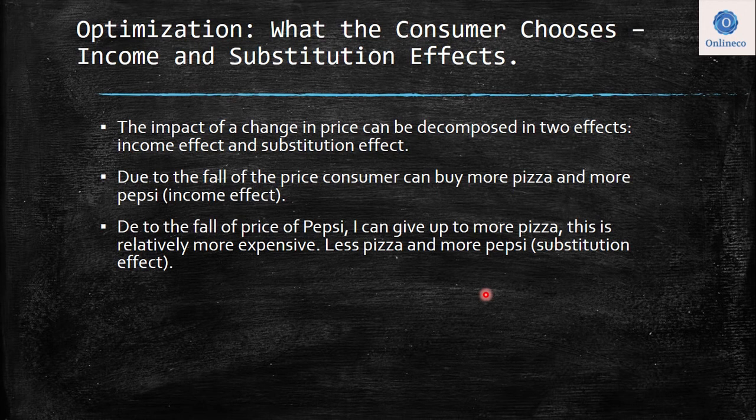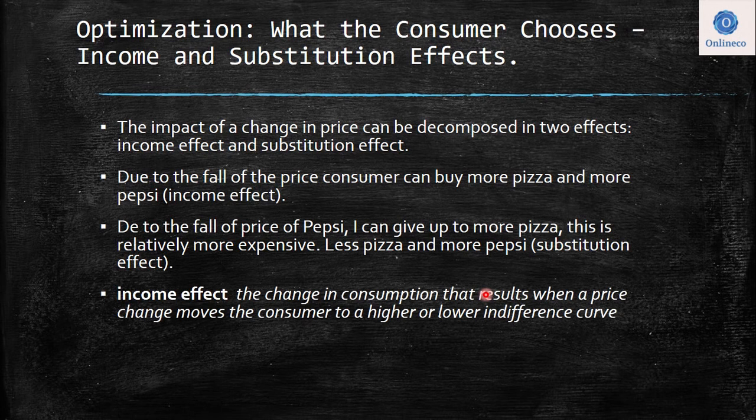Now the relationship is like 10. So you will have in some way less pizza and more Pepsi. So this is the substitution effect. And when you add both, you will get the total effect, and this will tell us if the consumption of that good increases or decreases.